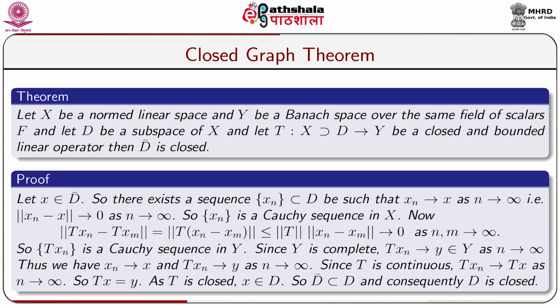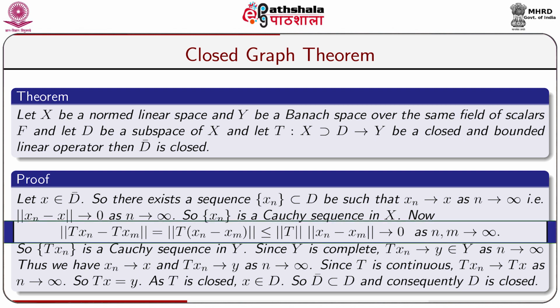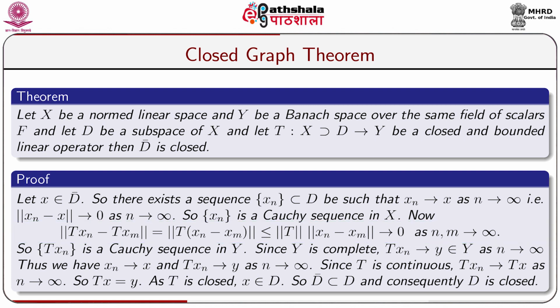So norm of xn minus x goes to 0 as n tends to infinity, and this implies that the sequence xn is a Cauchy sequence in capital X. Now norm of Txn minus Txm is equal to norm T(xn minus xm) by the linearity of T, which is less than or equal to norm T into norm of xn minus xm, which goes to 0 as n, m tends to infinity. So the sequence Txn is a Cauchy sequence in capital Y.